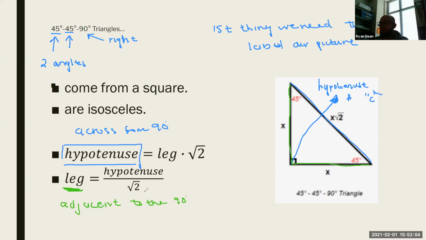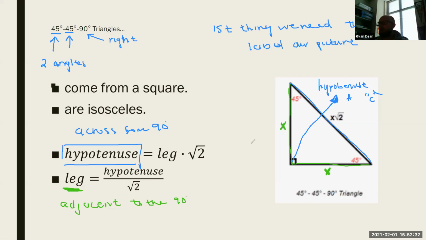Now with the formula, the leg, in this case, the formula for it is going to be x. So that's what this x is here. This is our formula for the legs. Another way that you can think of the legs is that it's the hypotenuse divided by the square root of 2.